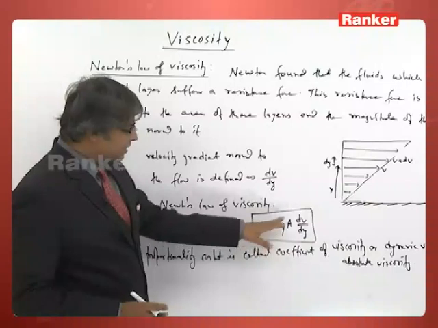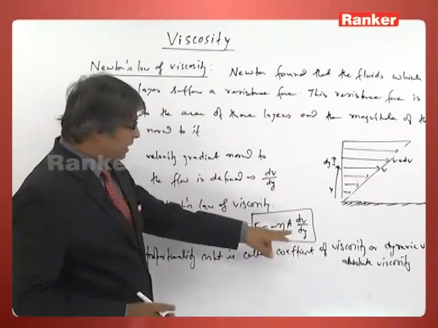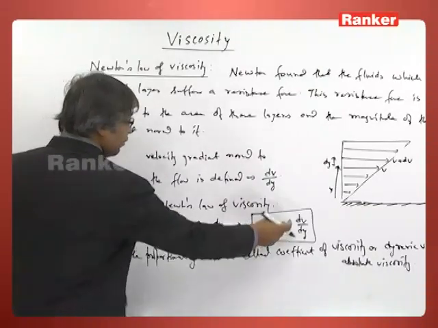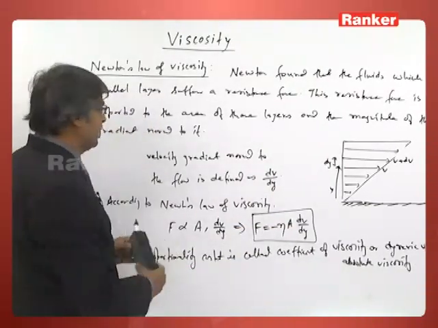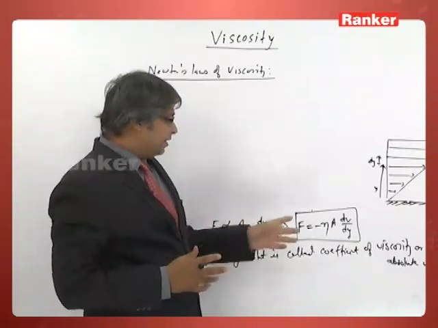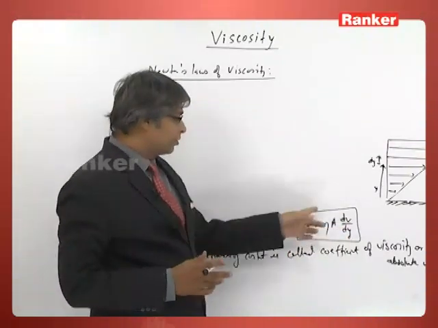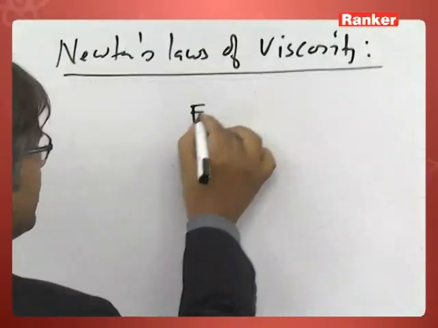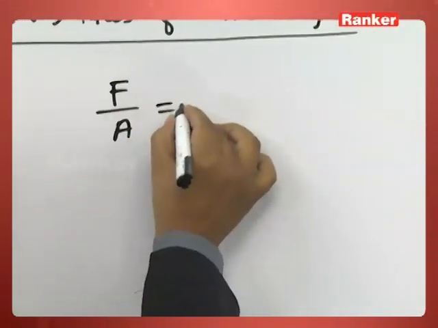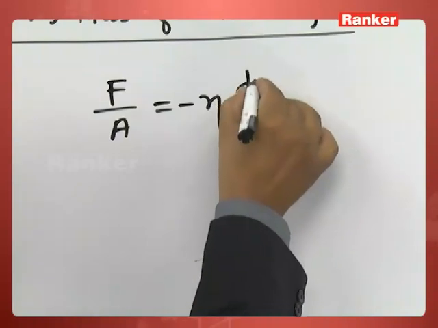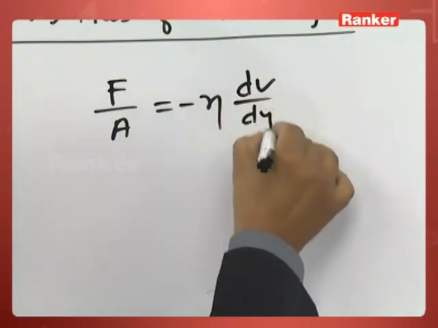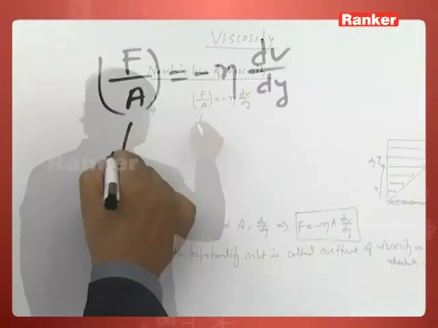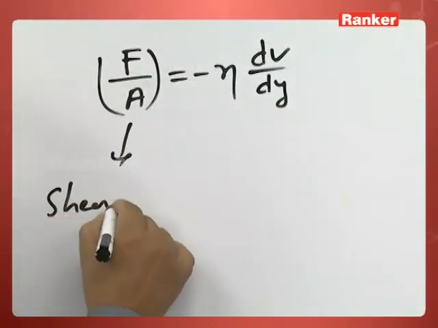So, now in this expression, if I bring this A to this side, F by A is the shearing stress. Now, we see this is Newton's law of viscosity. We can further write in a different format, that F by A is equal to minus eta dV by dy. This is called the shearing stress.